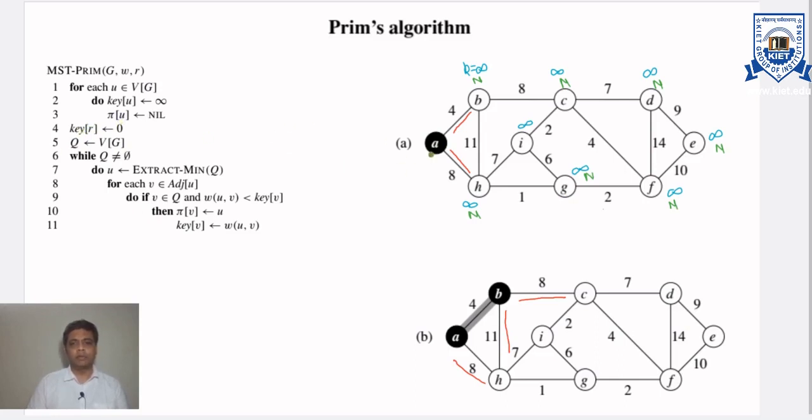So the value of pi would be nil, but the value of key is 0 for the initial point. So initially put all infinity and then explicitly change the value of key from infinity to 0 for the initial node only, and it is done once.